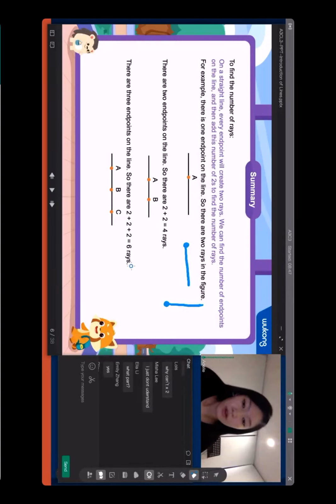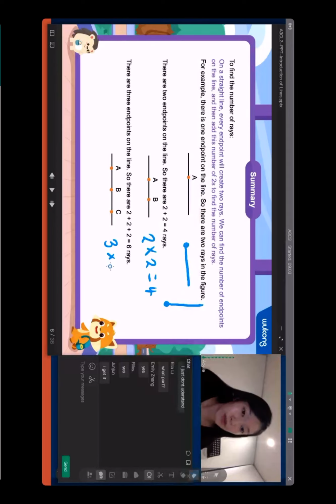Lois, you're right. We can also times 2. So for example, in this one, we have 2 endpoints, right? We can also use 2 times 2, which gives us 4 rays. And similarly in here, because we have 3 endpoints, and each endpoint will give us 2 rays, so we can use 3 times 2, which equals 6 rays. Okay?